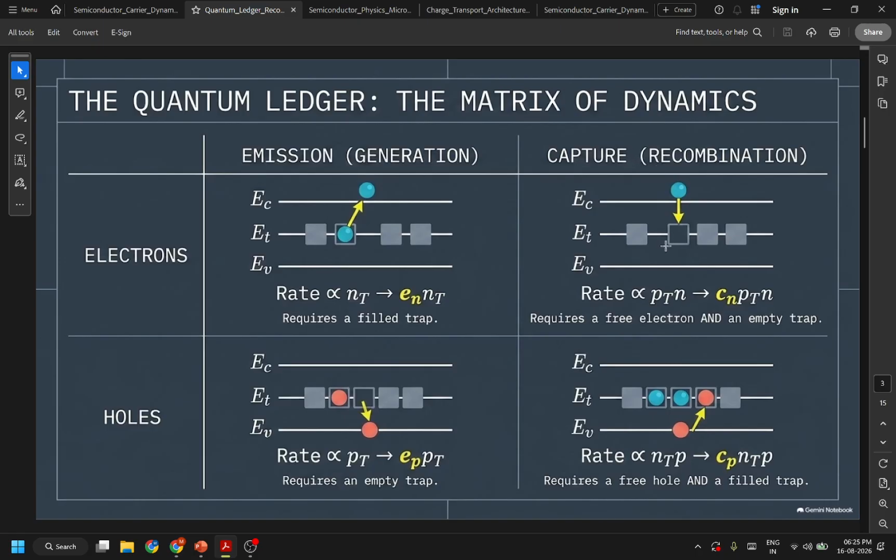Then for capture of electrons, the rate will be proportional to PT into N, as it requires a free electron in the conduction band and an empty trap in the trap states. So it's proportional to both of them, and can be written with the proportionality constant as Cn PTN. Similarly, for holes, the rate will be proportional to NTP, which can then be written as Cp NTP.